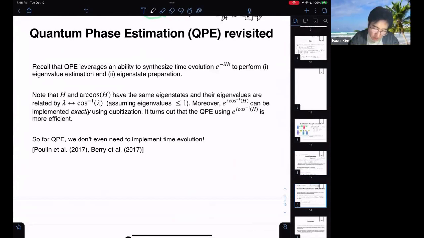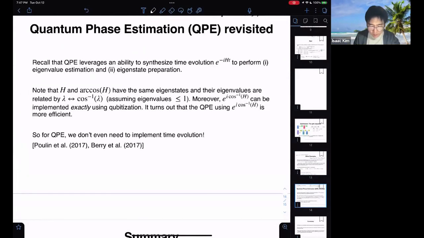But there's another layer of surprising thing here, which is that for the purpose of quantum phase estimation, it turns out that it's much better to not use the time evolution, but instead use the time evolution by some weird Hamiltonian.